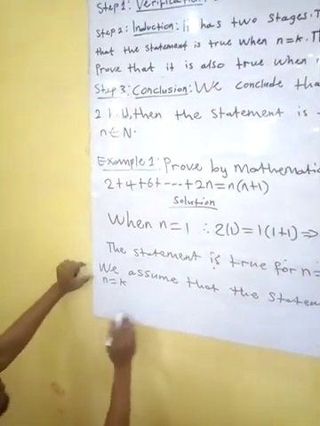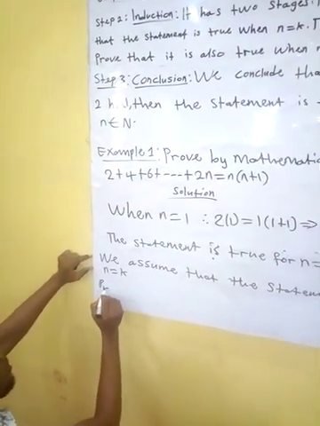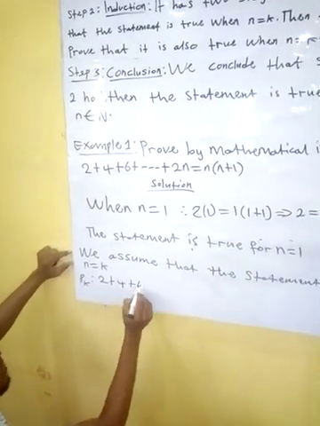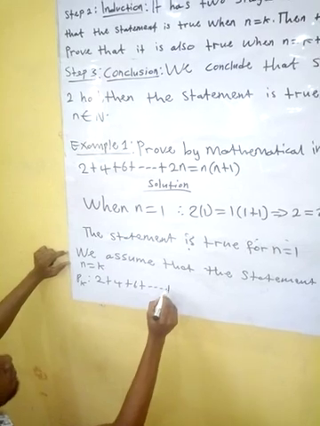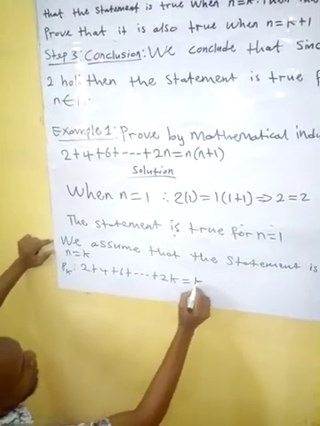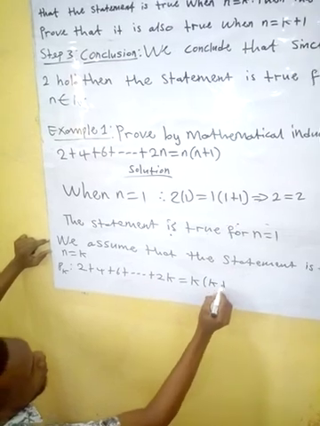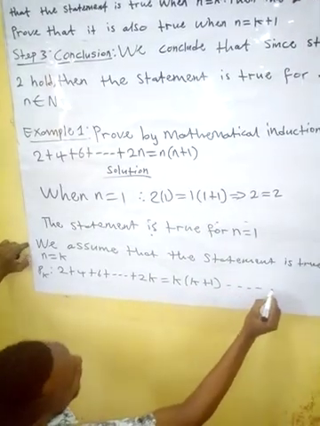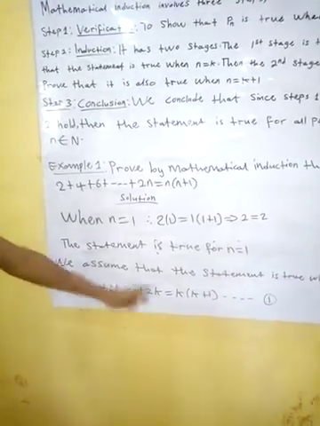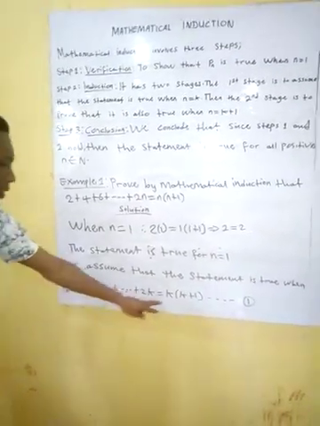We now bring down the equation. Pk: 2 plus 4 plus 6 plus dot dot plus 2k is equal to k bracket k plus 1. We name this equation 1.